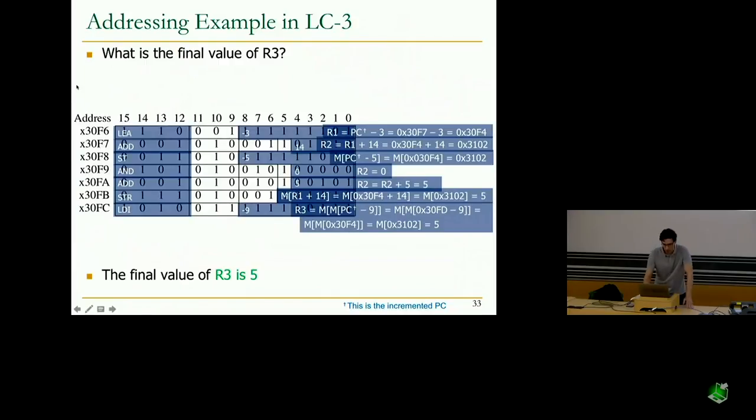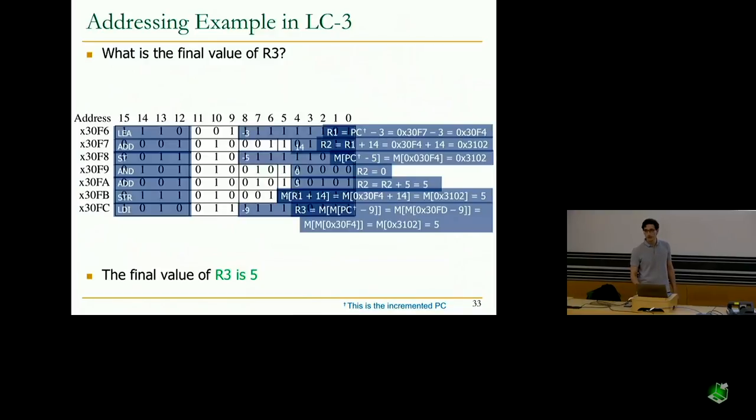We go to 30F4, we read from 30F4, and there, recall that we stored in this instruction here one address that was 3102. So now we go to address 3102, we read the contents of this address, and it turns out that the contents of this address are 5. So we will put this 5 into the destination register that is R3.